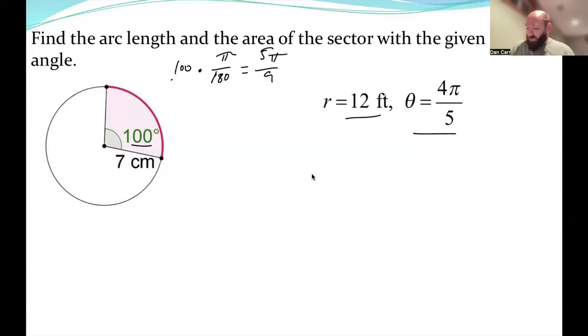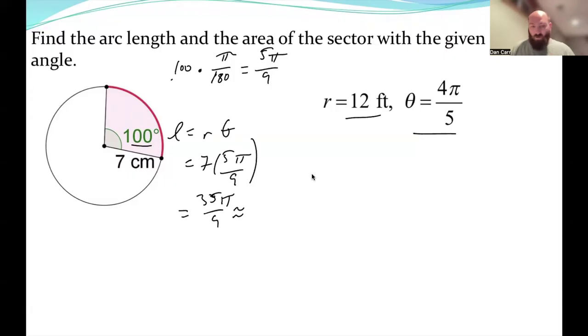So for my arc length, we'll call that L for arc length. That is going to be radius times theta. So that's going to be, in this case, 7 times 5 pi over 9. Okay. So that's going to come out to 35 pi over 9, which when I plug in my calculator comes out to about 12.22 centimeters here.